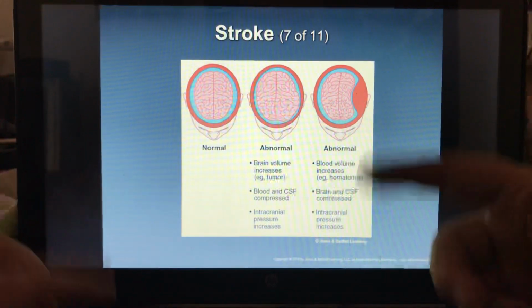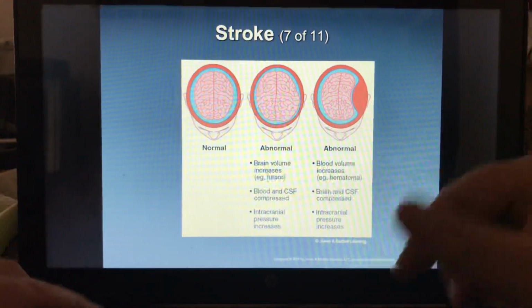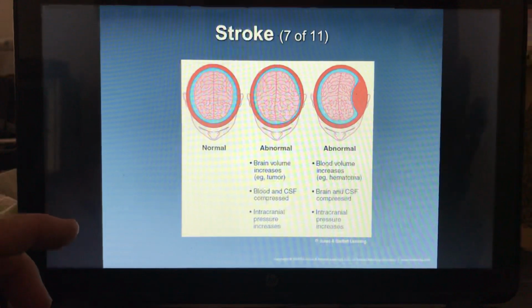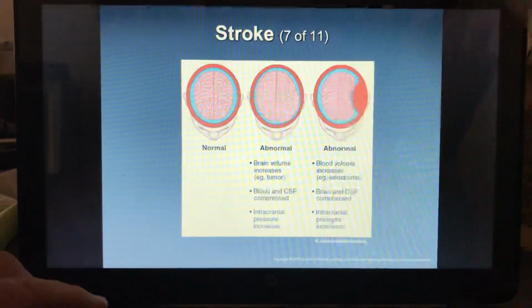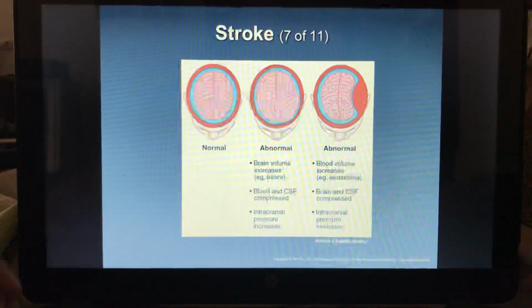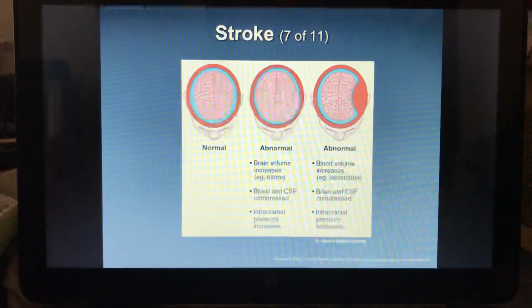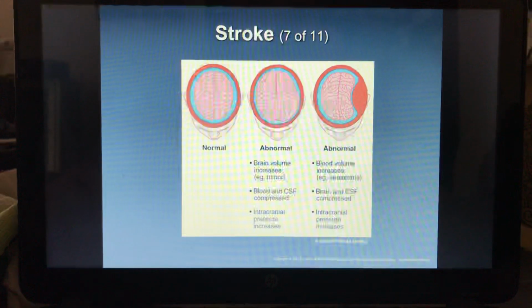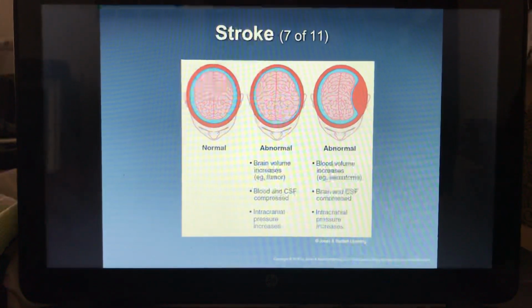There are different levels of this, but when you start having this shift and herniation, the patient will become altered. I ran a call where a patient, a 40-something-year-old male, was working, setting up in the summer, school about ready to open. I was on clinical, and he said, oh my God, honey, I just felt something pop inside my head.